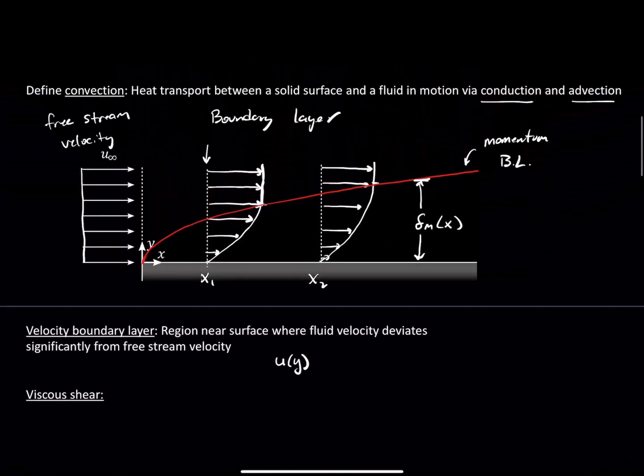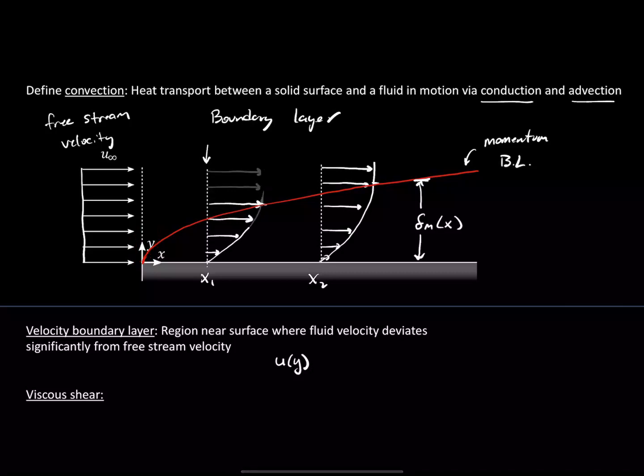Let me scroll back up here. We have this coordinate y. I'm drawing the velocity profile as a function of coordinate y at a given position x. So I pick an x, draw y, and we have a velocity as a function of y.